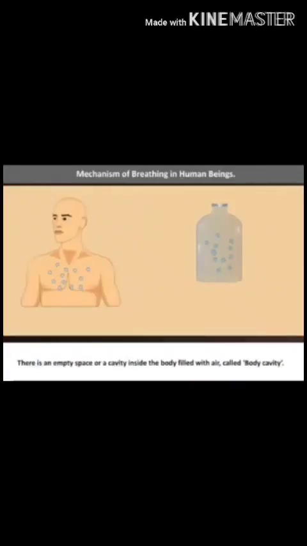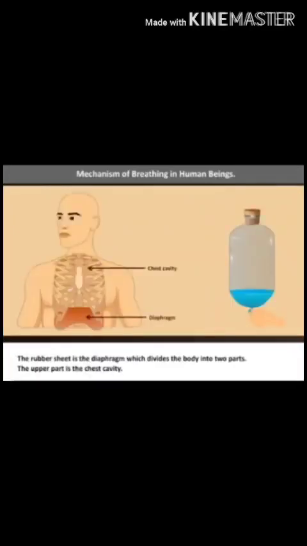Now children, the bottle is representing our body. Empty space or cavity inside the body is filled with air and this cavity is called body cavity. The rubber sheet is the diaphragm which divides the body into two parts and the upper part is called the chest cavity.